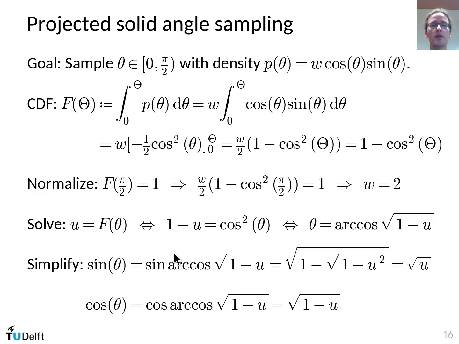And if we want sine of theta, we have sine of arcus cosine. And for that, there's a handy rule, namely you can take the square root of 1 minus the argument squared. And then here we have a square root squared, so this is simply 1 minus u, and then the 1 minus here goes away. So in the end we only have square root of u, which is a very simple result.